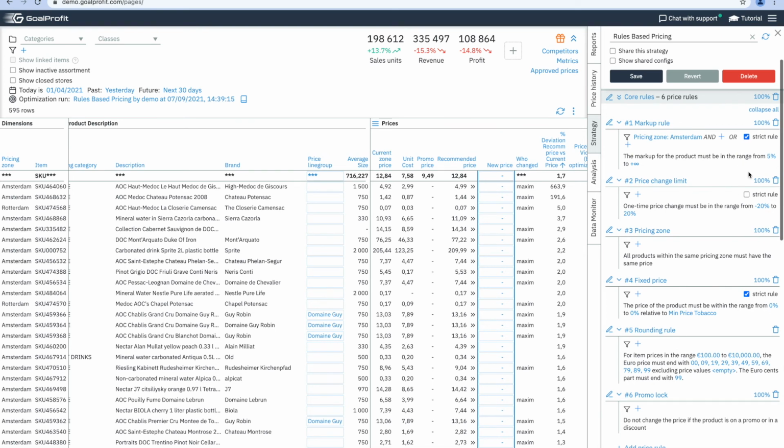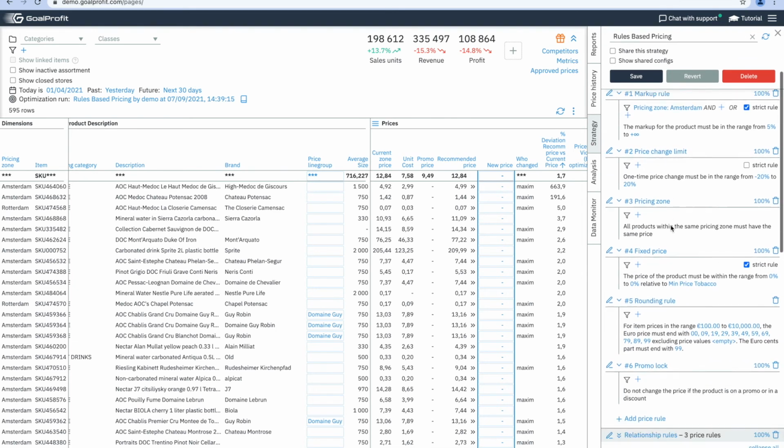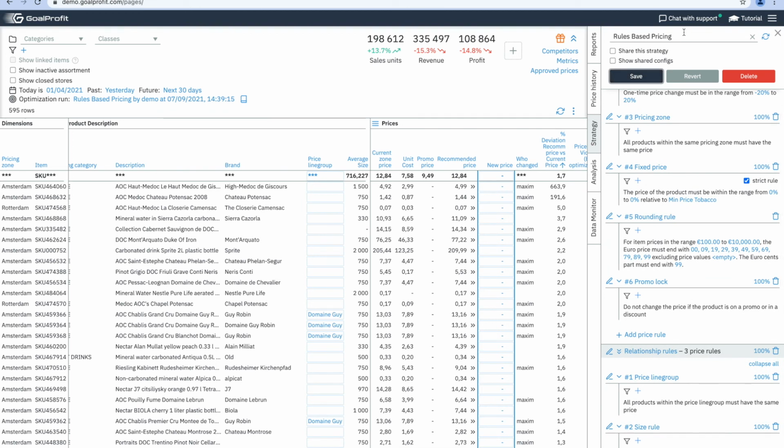If you have a lot of strict rules, definitely they start to conflict with each other, and you give less room for relaxation between other rules. But that's another topic, how to relax rules and manage pricing strategy. So we are done. Now we have defined our rules, so we can save this strategy.